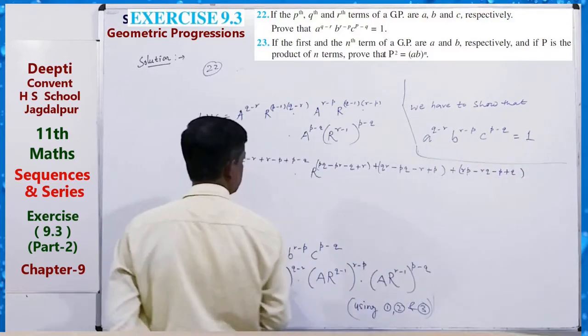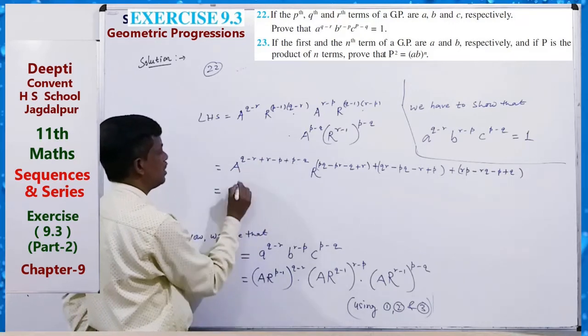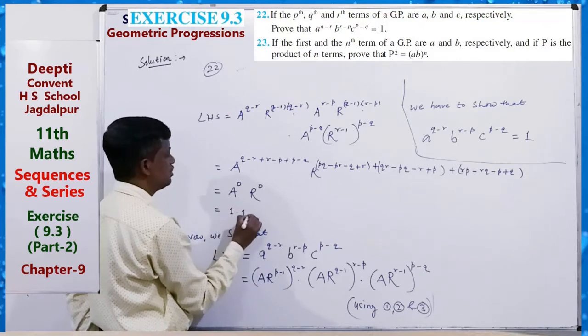Here q cancels, p cancels, r cancels, giving 0. Here also we get 0. So 1 into 1 equals 1.